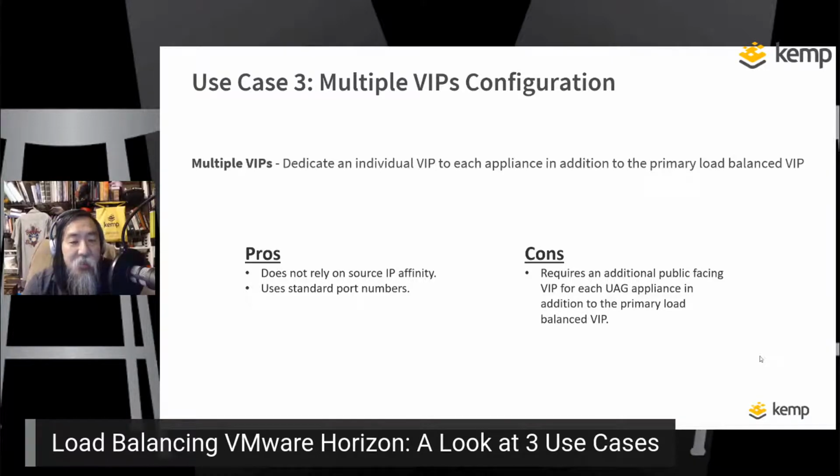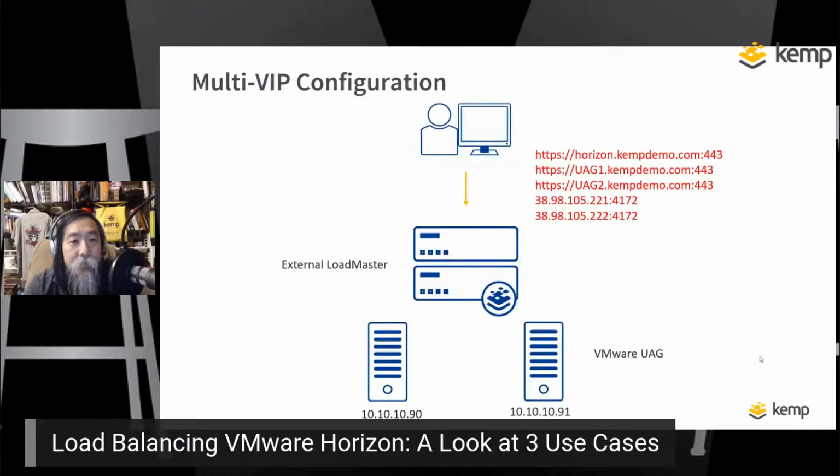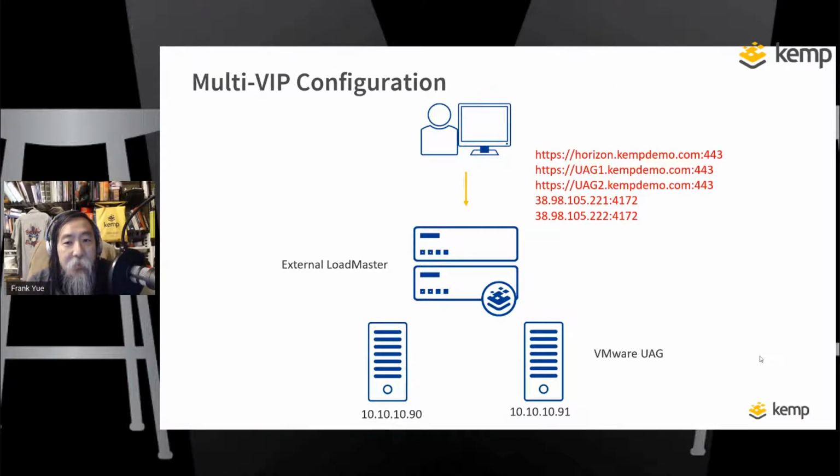How does this look in terms of configuration? For the multi-VIP configuration, you can see here now I have my initial connection going to horizon.kempdemo.com port 443, which is what we had previously. That's fine. But now you can see here I have different IP addresses for my 2 UAGs.